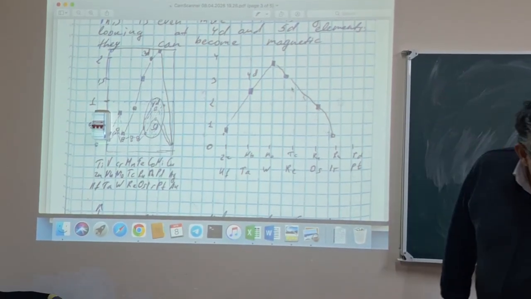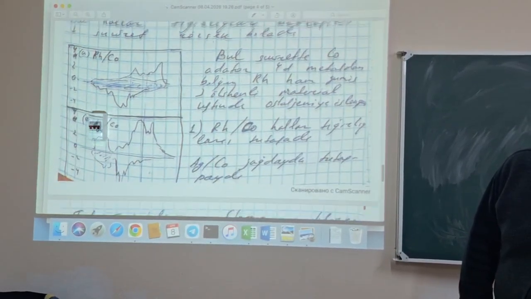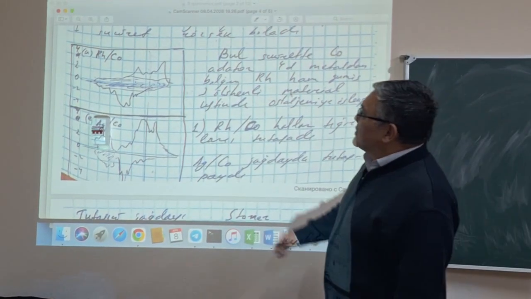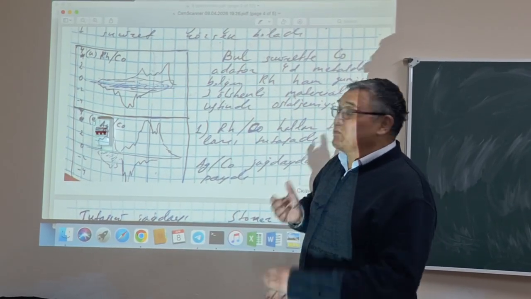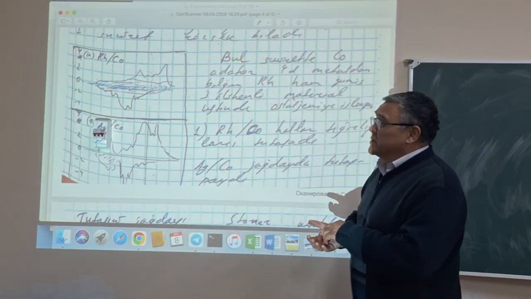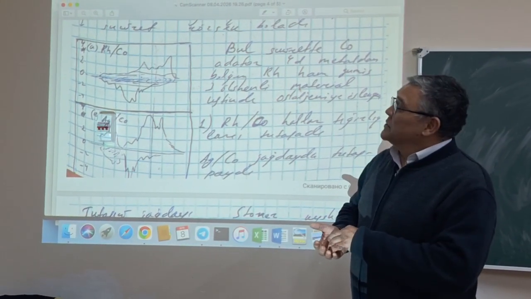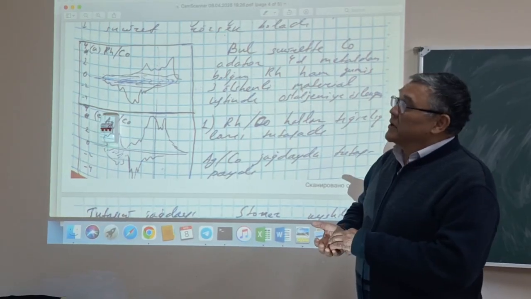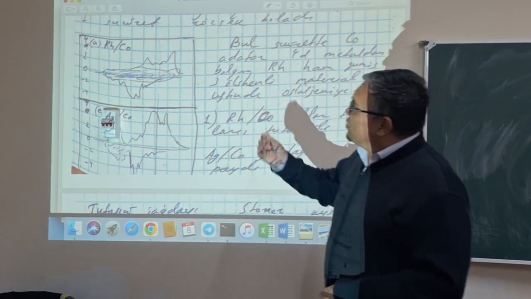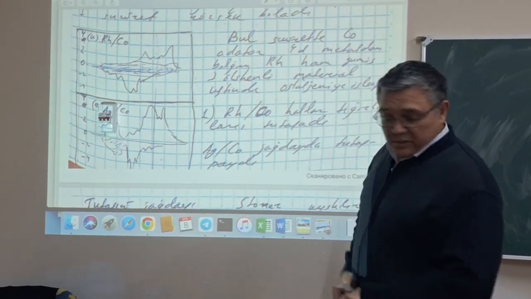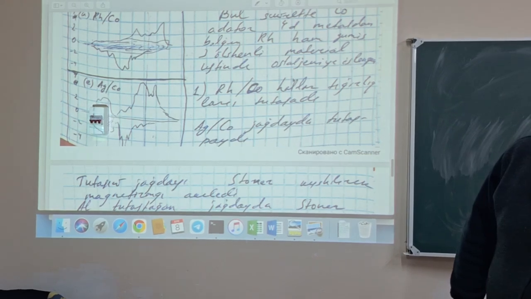This could be shown with the picture here. For example, we have here a cobalt adatom, and we put the cobalt adatom subsequently on some bulk materials formed by 4D elements. For example, here we have rhodium, and this picture here is silver.